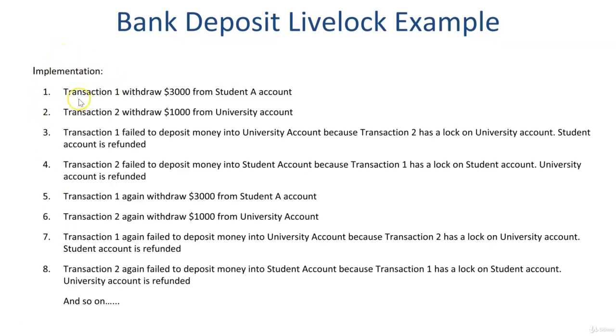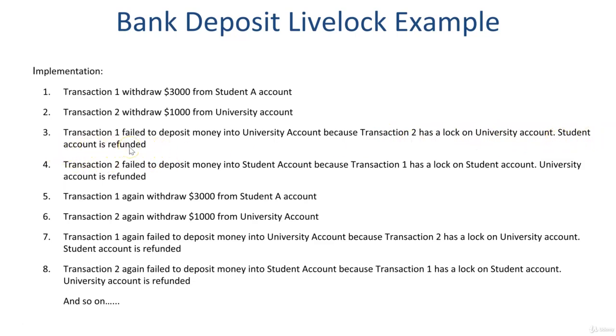So in this case, transaction 1 withdraws 3,000 from student A account. Transaction 2 withdraws 1,000 from university account. Transaction 1 failed to deposit money into university account because transaction 2 has a lock on university account. Student account is refunded.